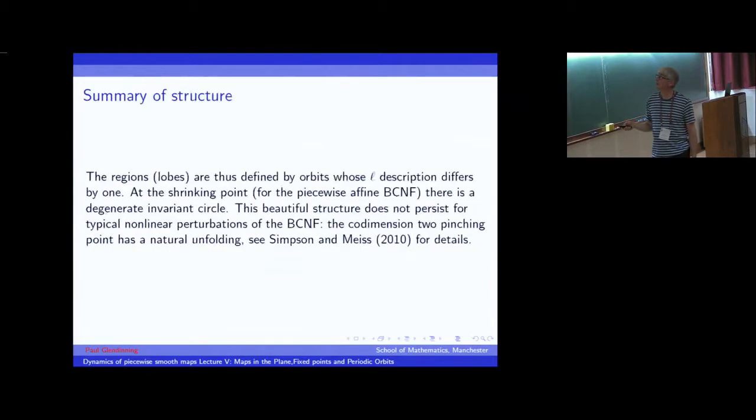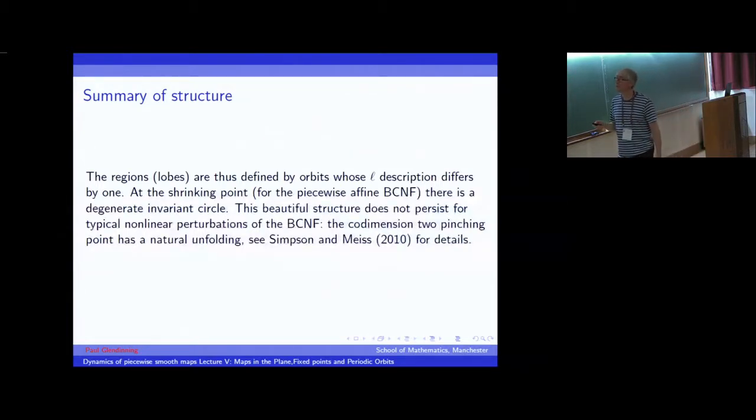Essentially, the summary is that you get these lobes, and at the shrinking point, there's a degenerate invariant thing with 2 points on the critical line. And this beautiful structure does not persist for typical nonlinear perturbations.